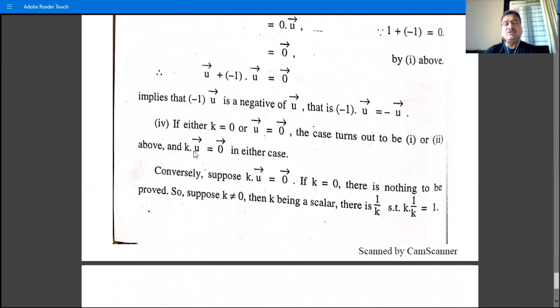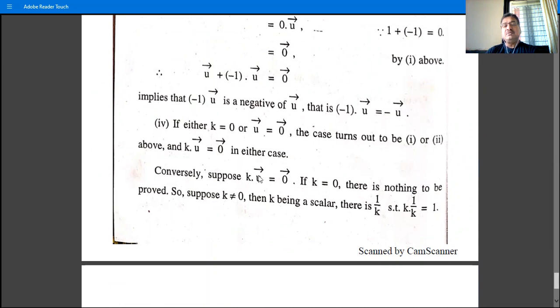So if k is 0, then we have to show k into u bar is 0 bar. And if k is 0, then 0 into u bar is 0 bar by using 1. And if u bar is 0, then k into 0 bar is 0 bar by using case number 2. So if k is 0 or u bar is 0, then ku bar is 0. This is the one way proof.